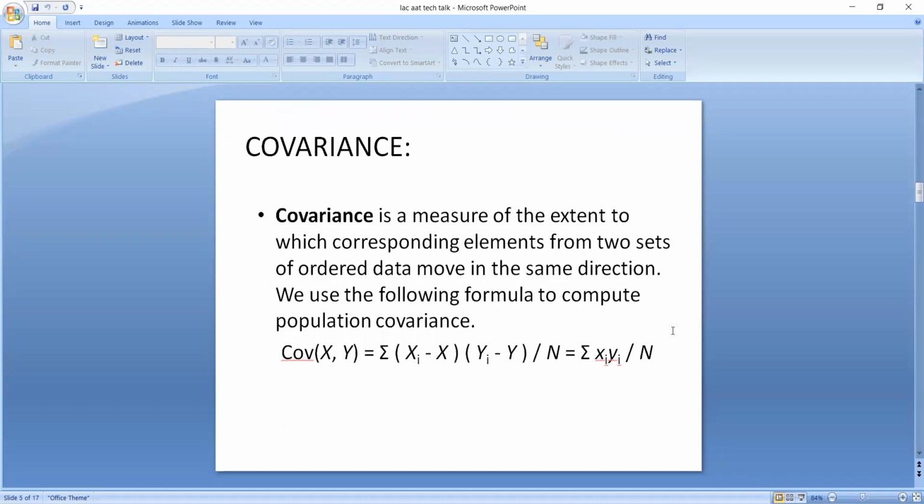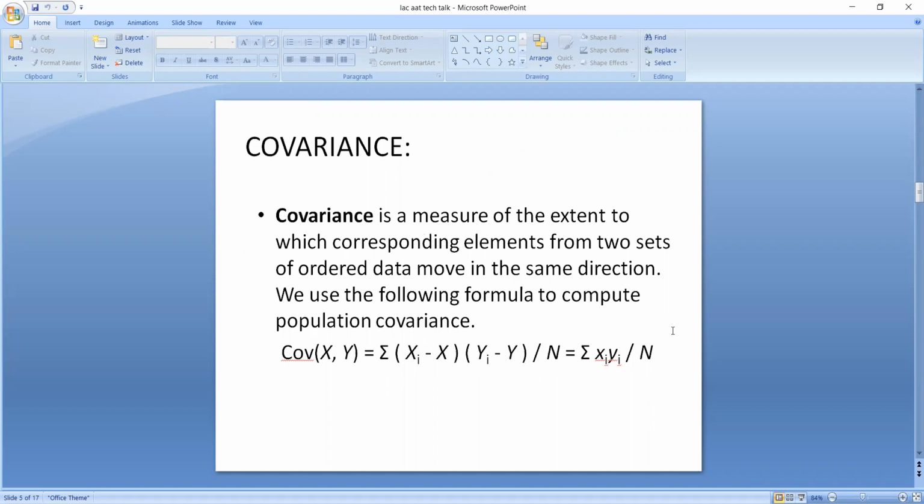Now we go to the covariance. Covariance is a measure of the extent to which corresponding elements from two sets of ordered data move in the same direction. We use the following formula to compute population covariance, covariance of xy. Variance involves only one variable x, but covariance, as the name says, requires two variables.